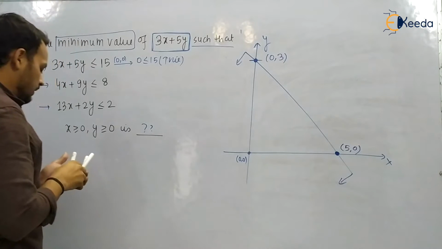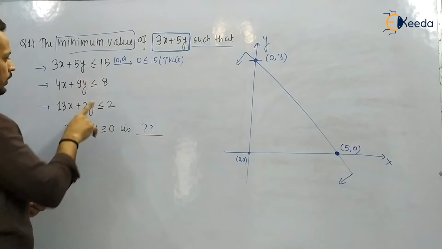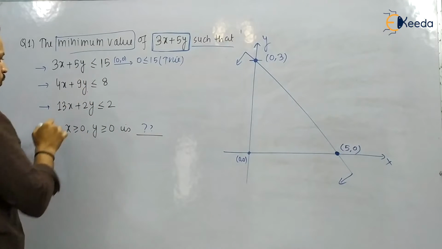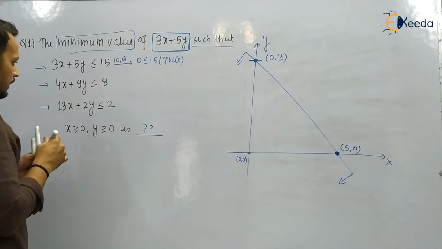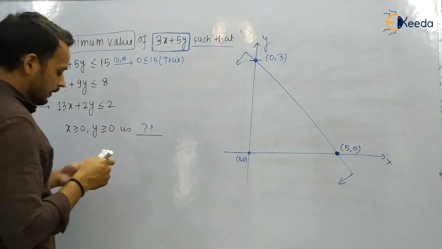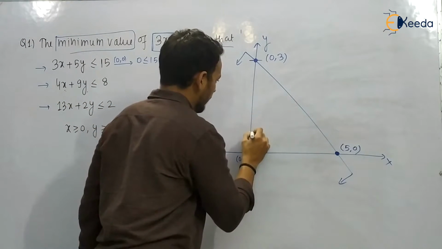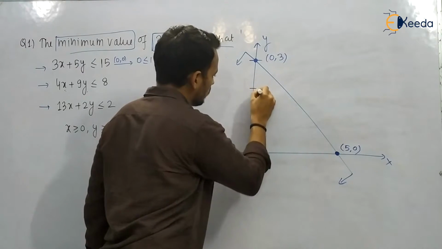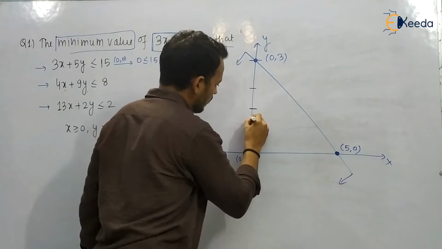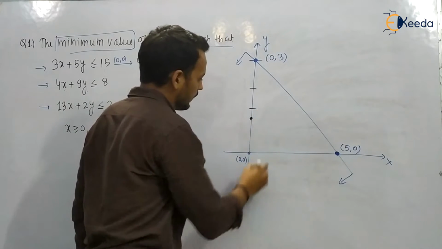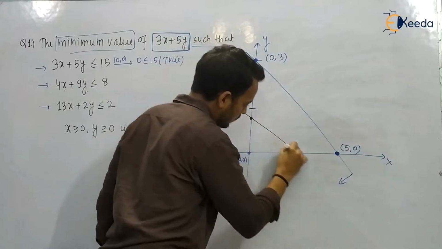Now the next constraint: when y is 0 then x is 2, and when x is 0 then y is 8 by 9. So we will plot this constraint also.